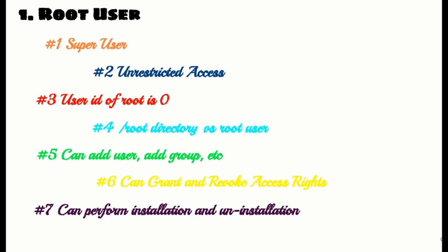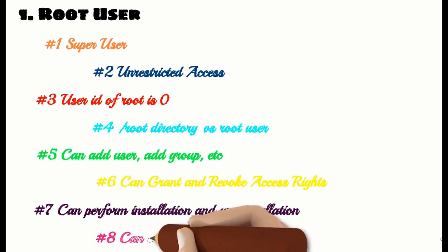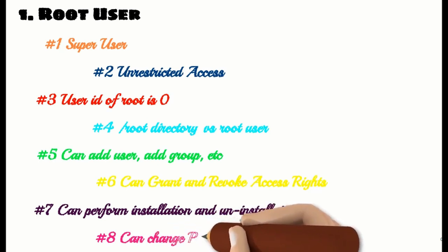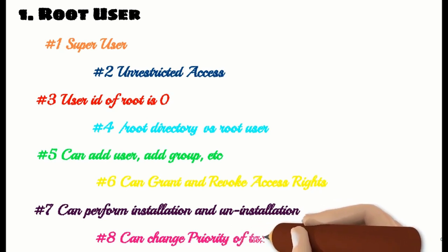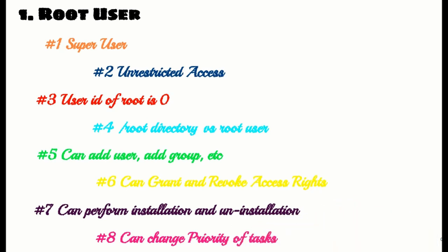Thus, the root has also the ability to change the priority of the processes, that is tasks, in the system using different commands. Now, these commands to change the priority are a completely different and very interesting topic, which I'll definitely cover in my future videos.